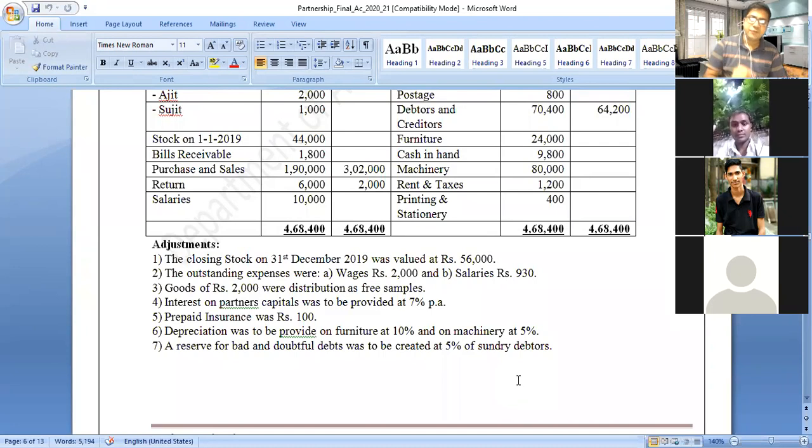The second effect is profit and loss account debit side, new RDD 3,520. The first effect, less from debtors. Second effect, profit and loss account debit side.